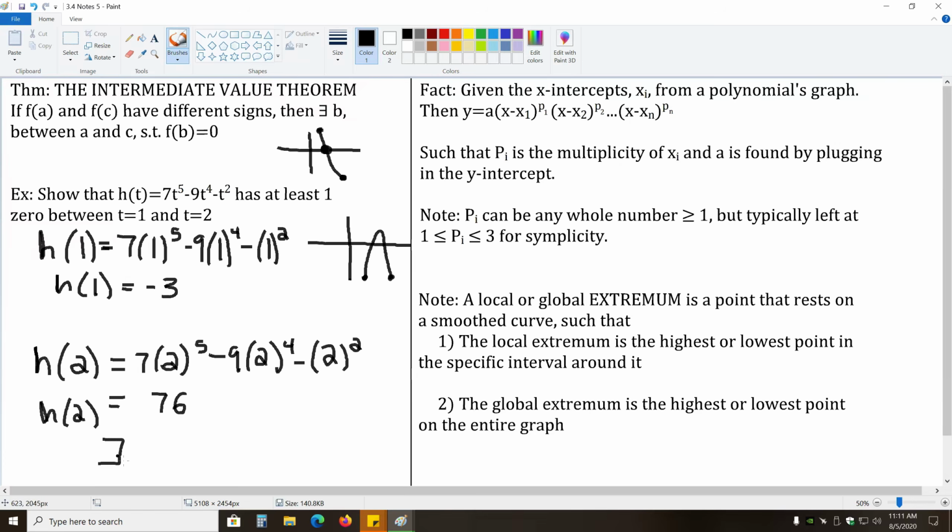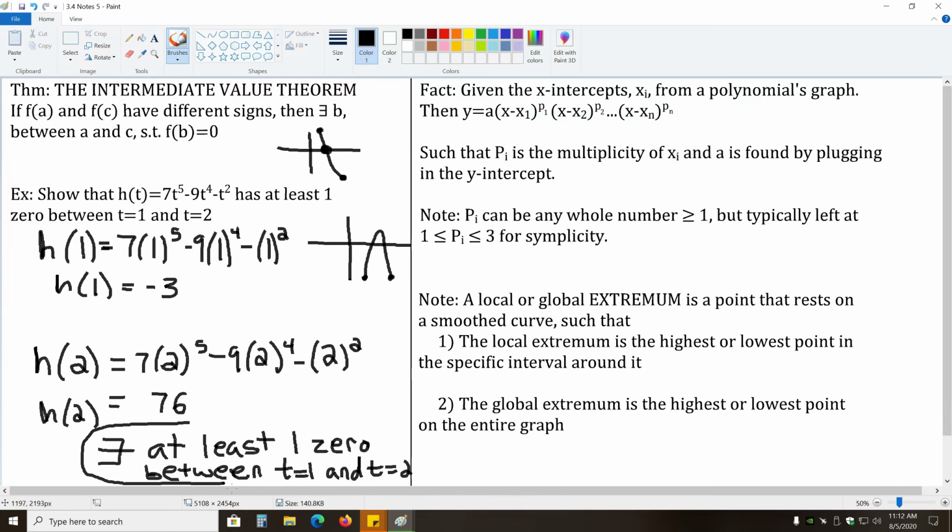So there exists at least 1 zero between t equals 1 and t equals 2. Just like we showed here, there could be a lot of zeros between there, but we know for sure that there is at least 1.